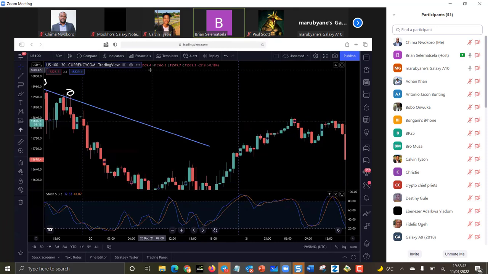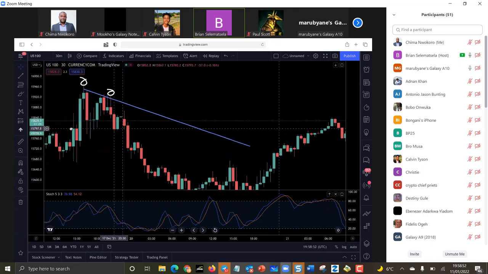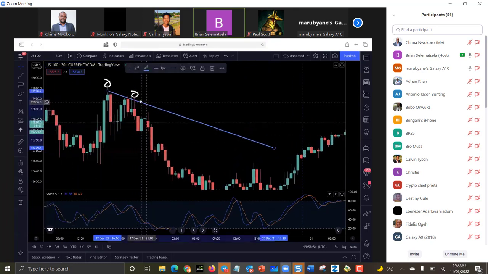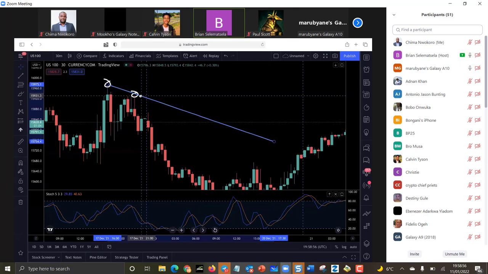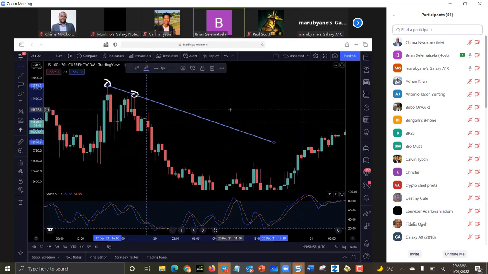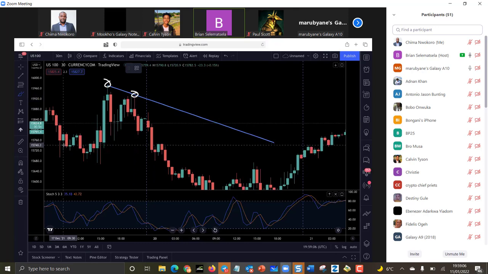Or the breakout will not happen as effectively as it should, because your line is not drawn to represent the actual footprint of the market, where the market actually turned, because these wicks show where the actual market went. The market once came here.